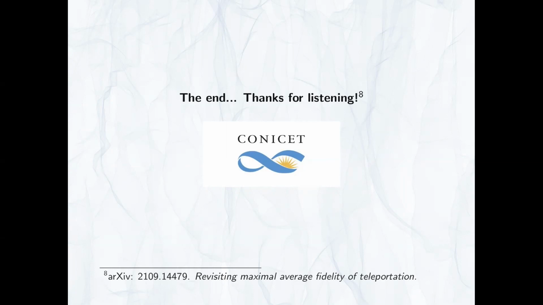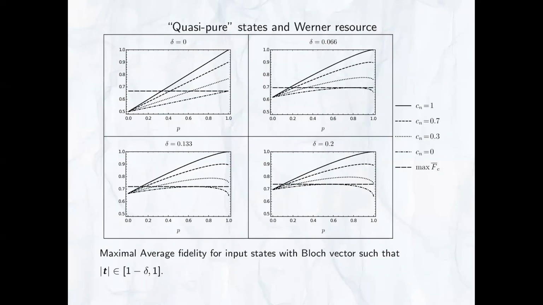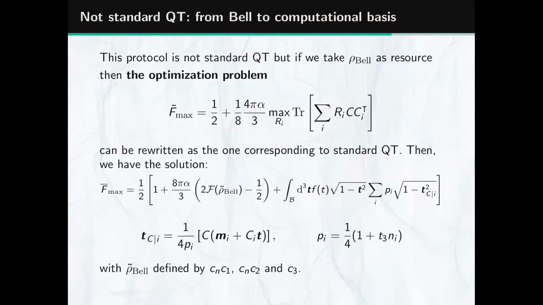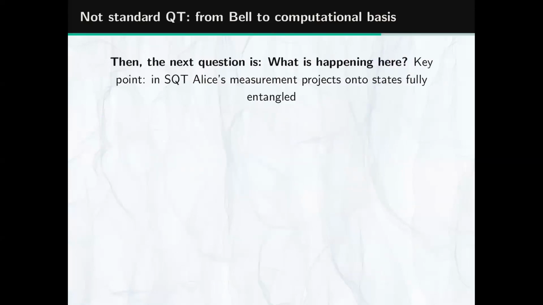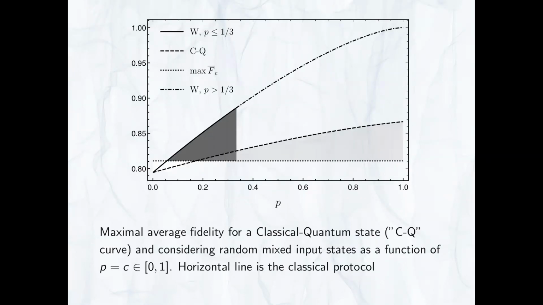What's the best improvement you can get while you still don't have any quantum stuff? Here we had separable states. Here we have p equal to 1/3. And here we have classical-quantum states. Here we have maximal classical correlation. Cool, thanks. Thank you very much.